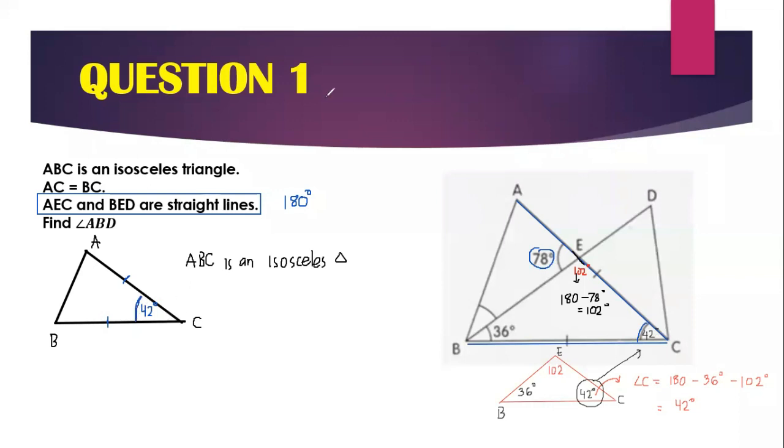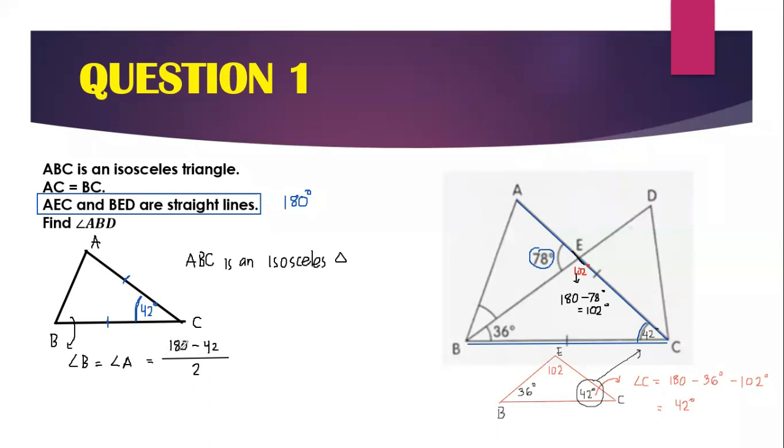Now we're going to find angle B and angle A. Angle B equals angle A, because it's an isosceles triangle, equals 180 minus 42 degrees divided by 2. Why divided by 2? Because here is x, this one is x, same, right?